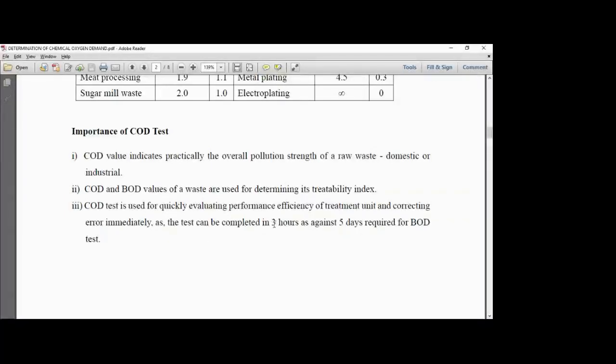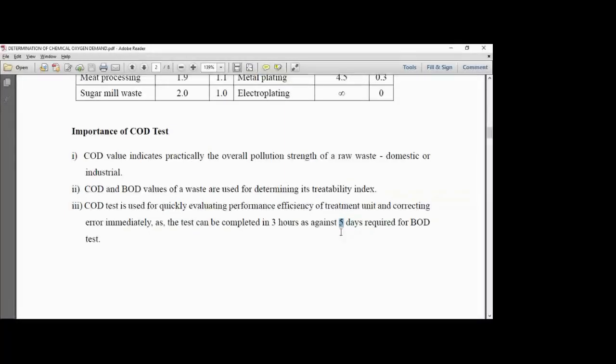As the test can be done in 3 hours, but not 3 hours specifically. 3 hours is a very optimized time. You require at least 4 to 5 hours for this. And if you compare the BOD, BOD requires at least 3 to 5 days. Now you can judge how important the COD test is.